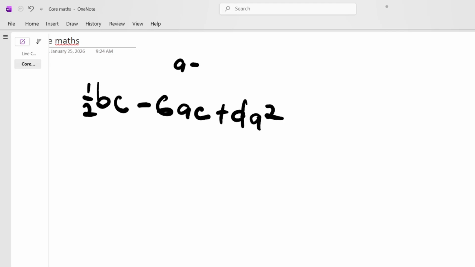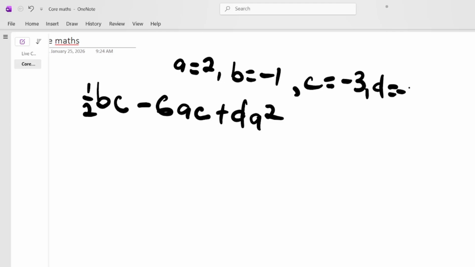So where A will be equal to 2, B will be equal to -1, C will be equal to -3, and D will be -2. Now let's solve for it.